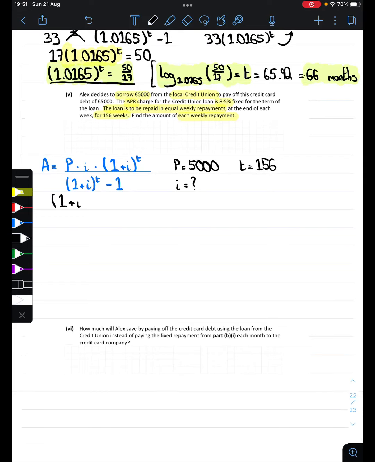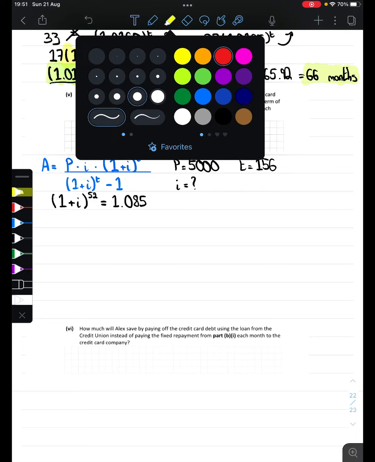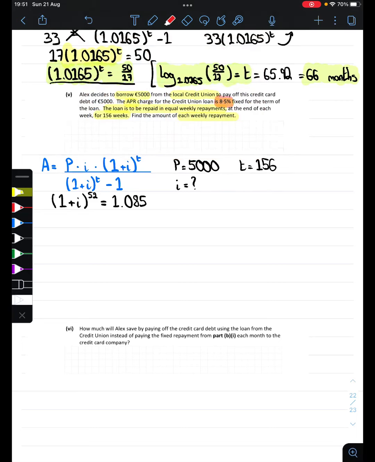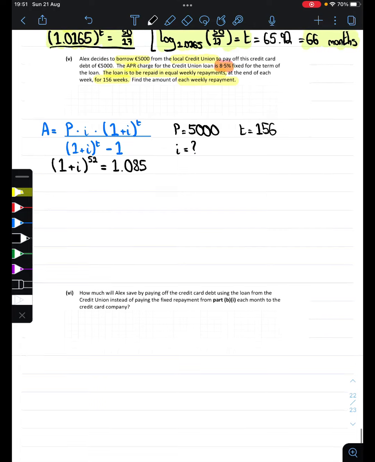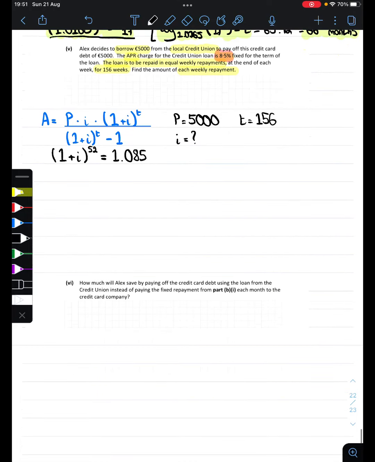So 1 plus I, this interest rate, when this compounds 52 times over the year, will give us our yearly interest rate of 1.085, an interest rate of 8.5%, which they've given us here. And now we just solve for I the same way we did earlier.